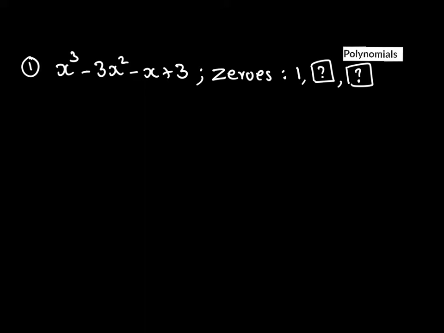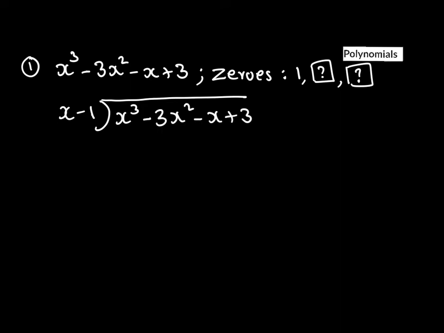First of all, if one of the zeros is 1, we know that the factor is going to be x minus 1. Now what we will do is we will take this cubic polynomial, x cubed minus 3x squared minus x plus 3, and divide it by its factor x minus 1.